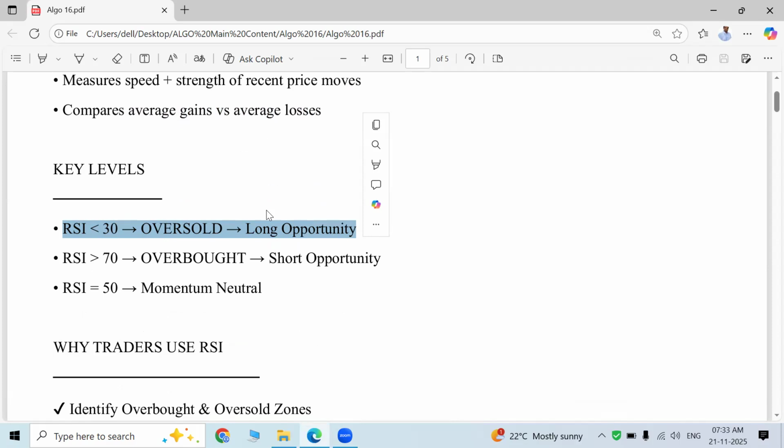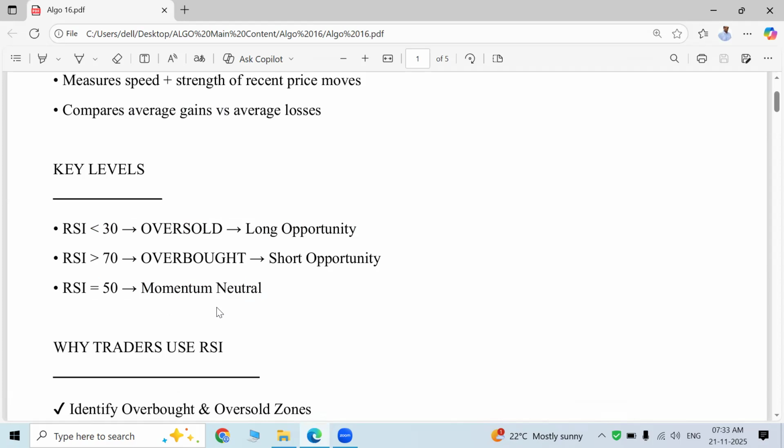If the RSI is above 70, then it's considered overbought and we consider it a short opportunity. And if the RSI is around 50, then we consider it momentum neutral. So we are going to use this logic, what the market understands, and we are going to design our algo based on this.